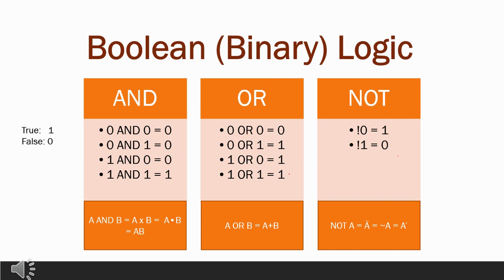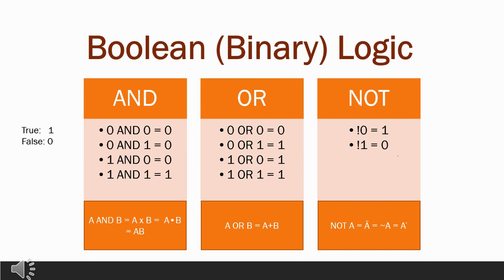That means that when either of the operands is 1, the result shall be 1. Only when both operands are zeros, the result shall be 0. The OR operation can be represented with a plus as the operator, as shown at the bottom of the OR column in the slide.